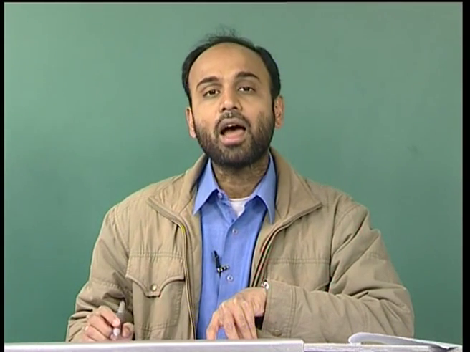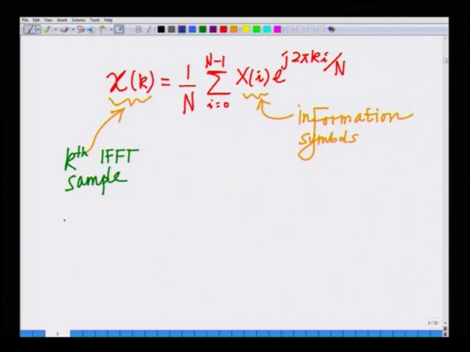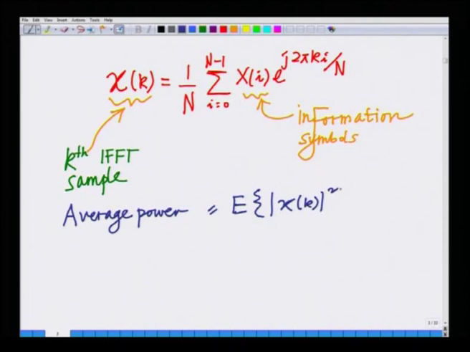So, let us look at the average power of this thing. What is the average power? The average power is nothing but expected magnitude xk square.